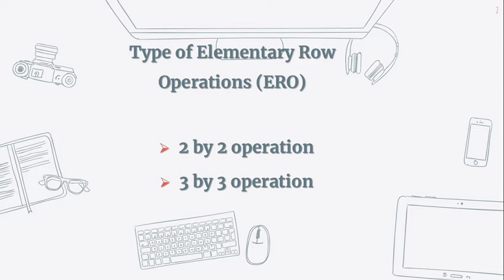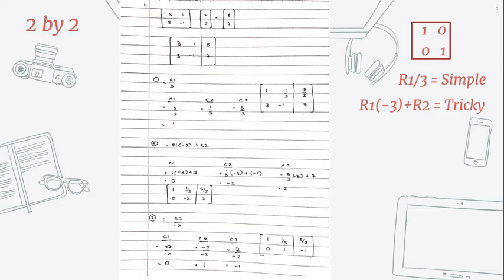Elementary row operations are divided into two types, which are the 2 by 2 operation and the 3 by 3 operation. For the 2 by 2, this is the new matrix that it will become after we finish changing these numbers.